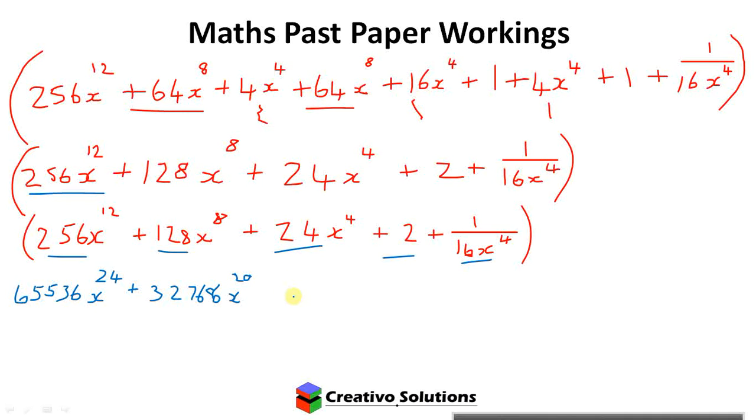Okay, 256 times 6 times 24 is 6144, x to the 16. Okay, then 256 times 2 is 512.